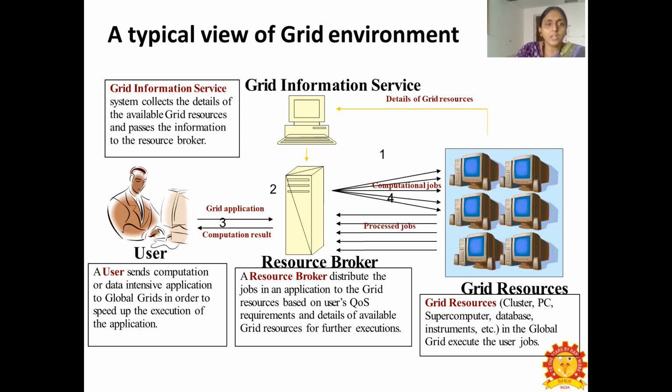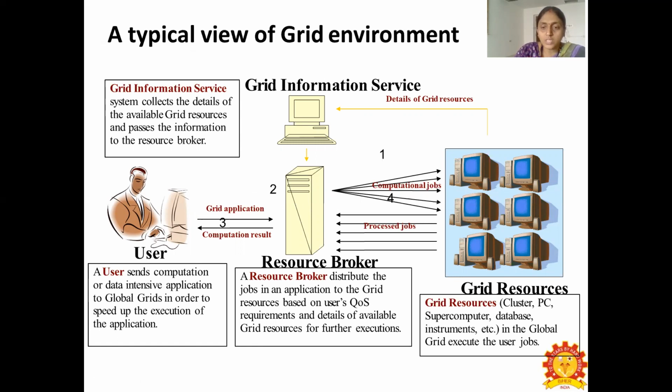And now we will see the architectural diagram for the grid environment. Here the main component is the grid information service, where we store the details of the different grid resources used in the network.